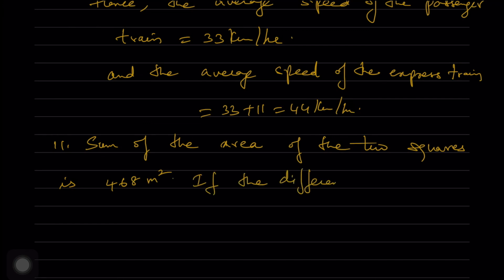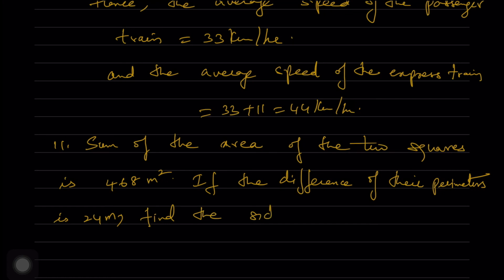If the difference of their perimeters is 24 meters, find the sides of the two squares.